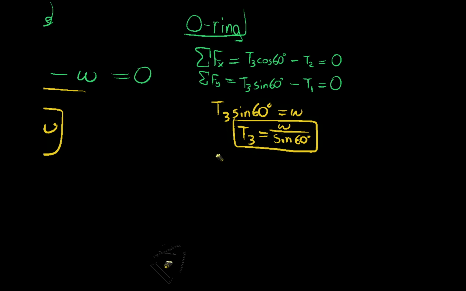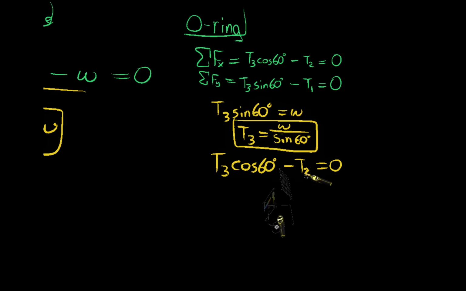So up there, sum of the forces in the x, we had this expression, T3 cosine 60 degrees minus T2 is equal to 0. I'll just do this. It's equal to T2, right? Just bring it on over. Now we have an expression for T3.